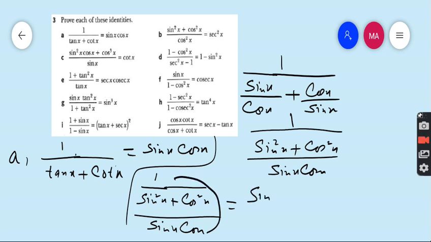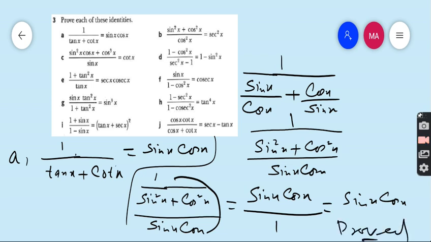So sin x cos x multiplied by 1 is sin x cos x upon sin square x plus cos square x is 1. Hence, this is what we need on right hand side. So we achieve left hand side is equals to right hand side. So it is proved. Move to part B.